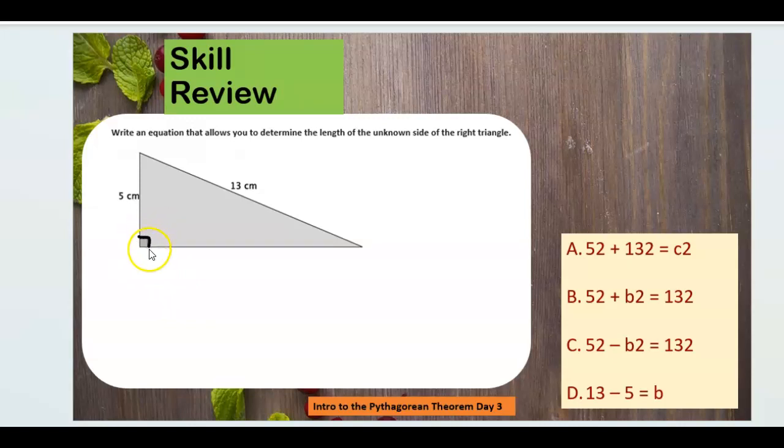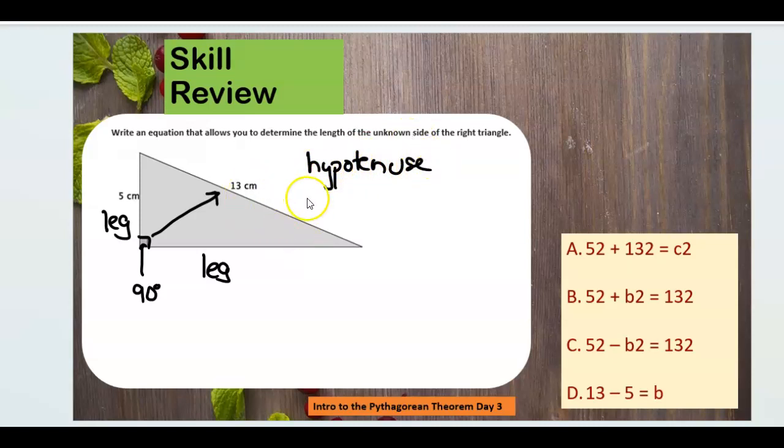This little symbol here tells you that this angle is a 90-degree angle, and that is what a right triangle is. It has one angle of 90 degrees. In a right triangle, we've got two legs. The sides are called legs. There's one leg here and one leg here. And then the side that's directly across from the right angle is called our hypotenuse.